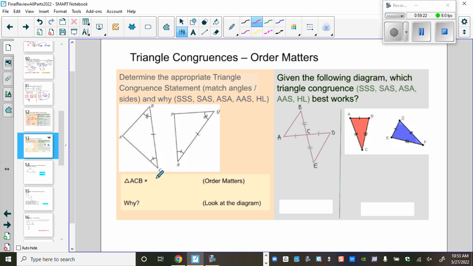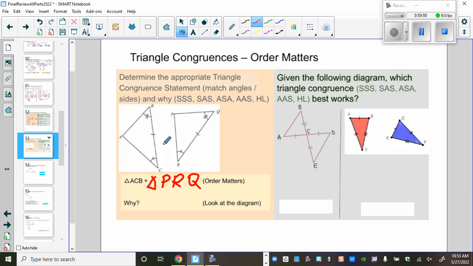B. So then it would be triangle P. Now, if you go from A to C, then from P, where do we have to go next? Because A to C has only one little mark. It's the same as R. You have to go to R. And then B will be the same as Q. Yes, PRQ. Good. So that order will matter.